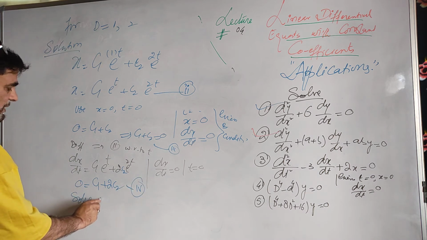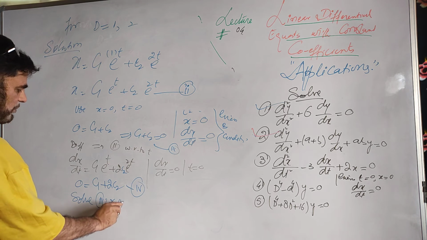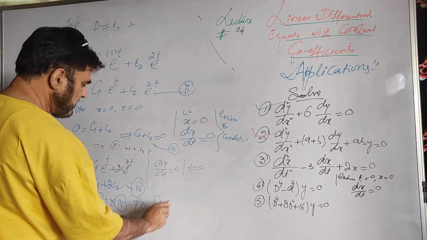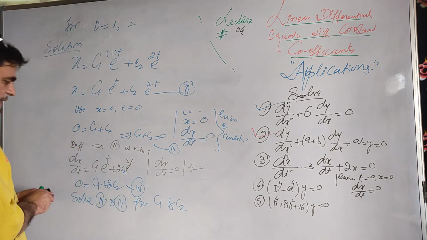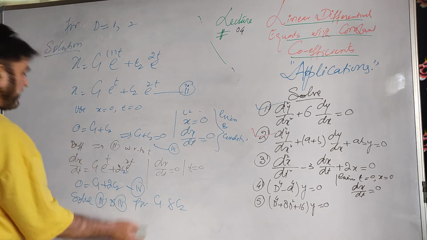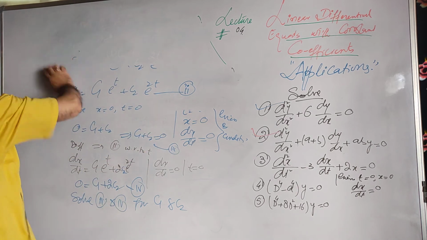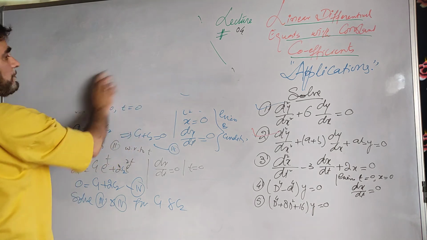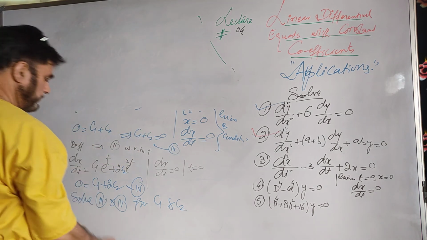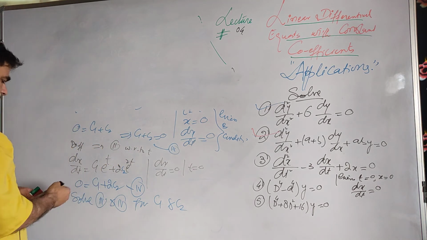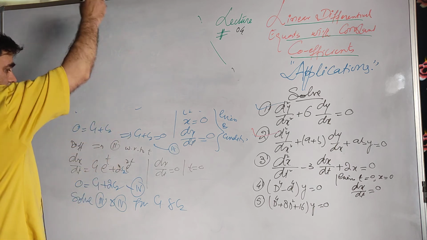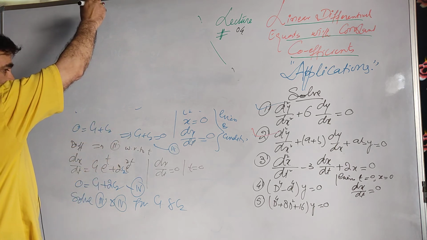Now let us solve third and fourth for c1 and c2. We have here c1 plus c2 is 0.